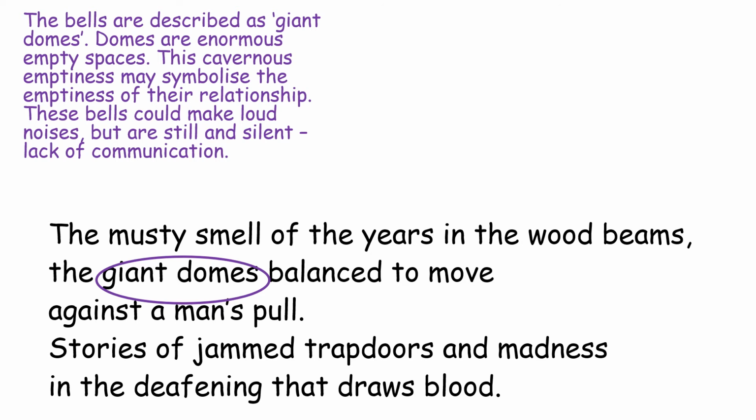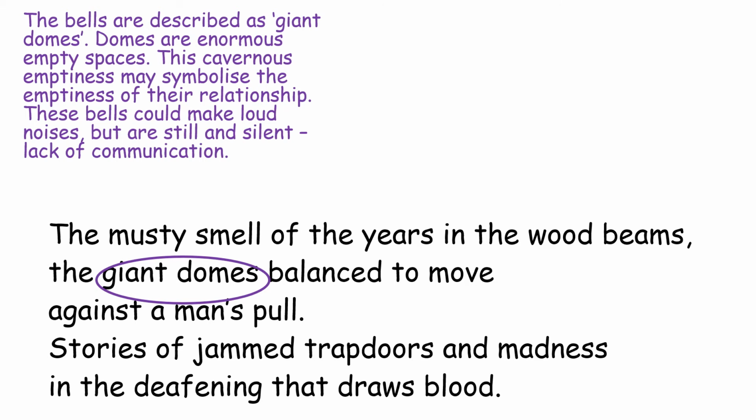Now, domes are enormous empty spaces. This cavernous emptiness might symbolize the emptiness of their relationship. Perhaps the emptiness of those bells is just like the emptiness of the relationship between father and son.